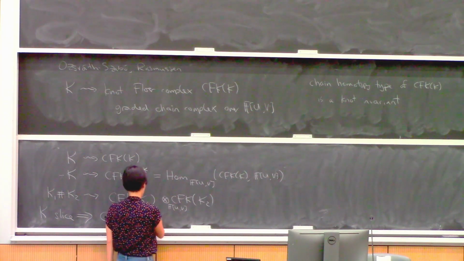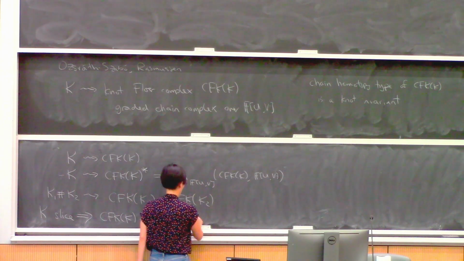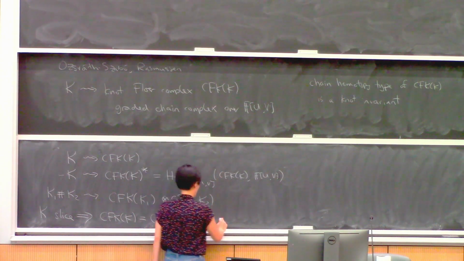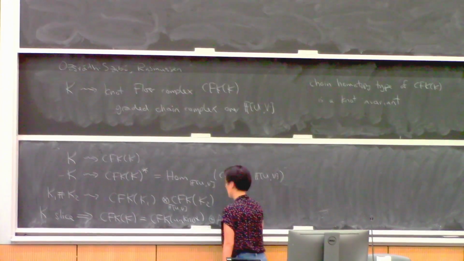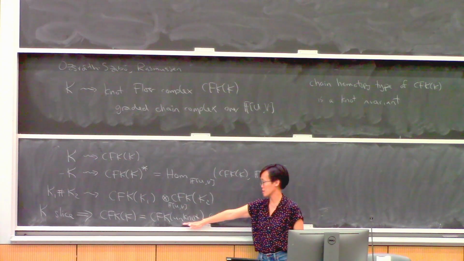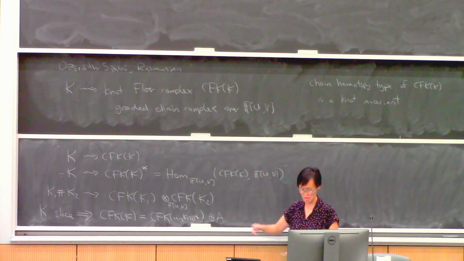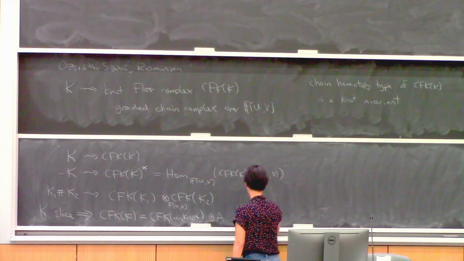It looks like the knot Floer complex of the unknot direct sum some other gadget, which I'll just call A. So it splits as a direct sum of the knot Floer complex of the unknot plus some other thing. This is called locally trivial.